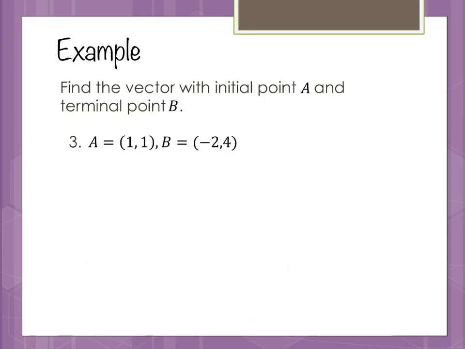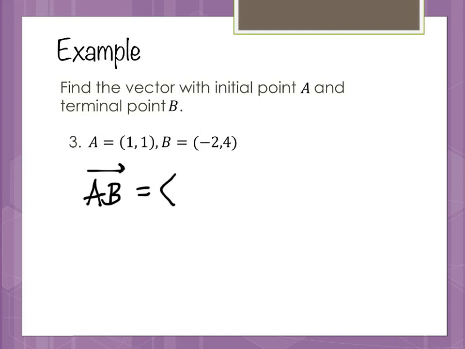All right, let's take a look at some other examples of things we're going to work with vectors on. Here we're going to find a vector with an initial point and a terminal point, and this is very straightforward, very clean. Basically, you're looking at the change in what's going on here. So if it helps you to see a picture, you could do that. I'll draw a picture at the end. But let me just talk in terms of calculation first, and then we'll confirm with the picture so you can see how that works.